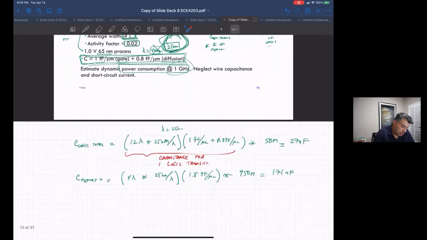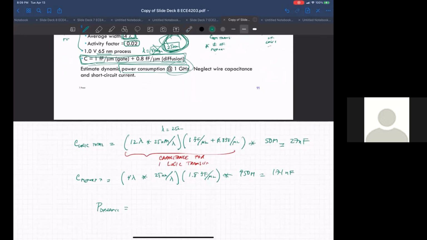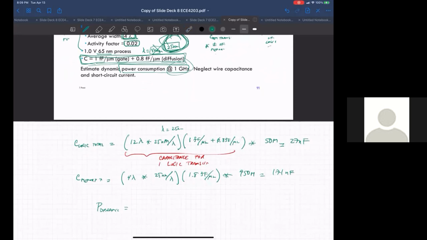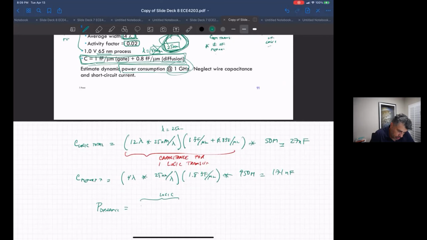Okay, so then what does the dynamic power look like for each? Let's look at the logic first. Starting off with VDD. Wait, what was VDD again? It's 1 volt. Oh yeah, right.